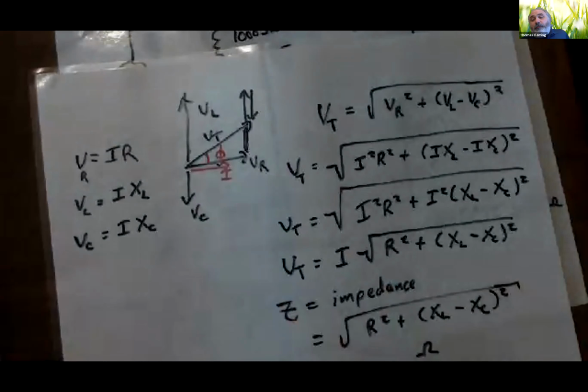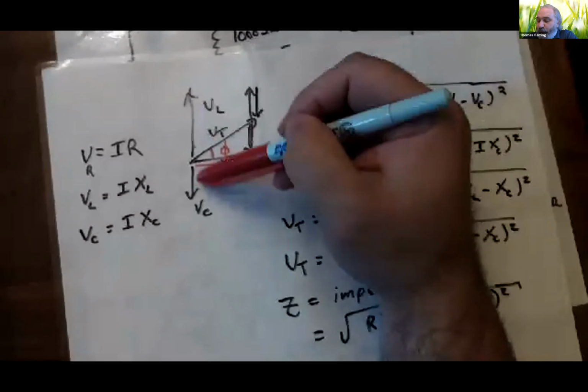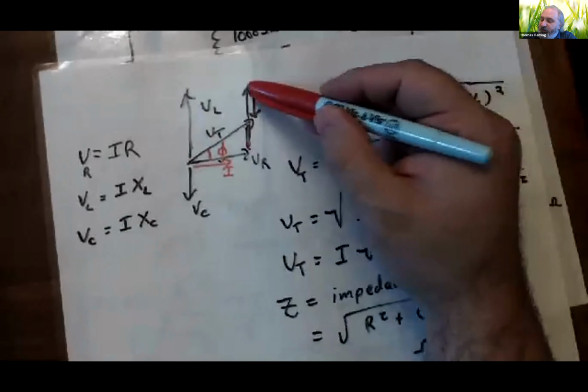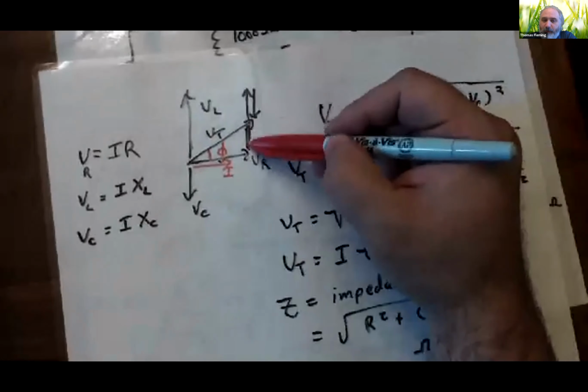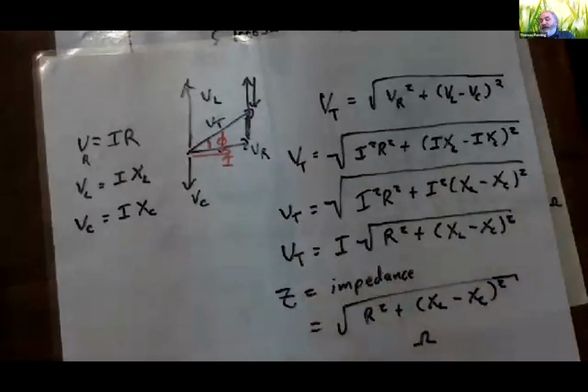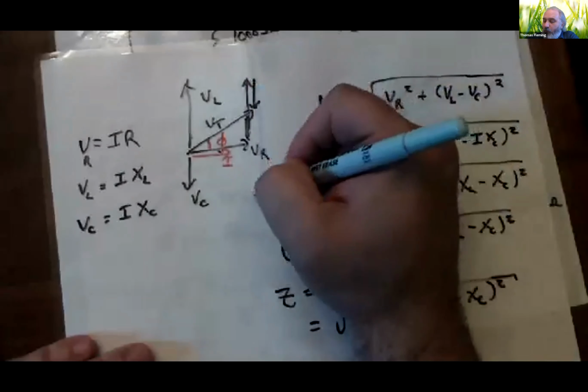Plus, and this is important, when we drew this phasor diagram, we assumed that VL was bigger than VC, right? I drew a bigger arrow for VL than I drew for VC. And as a consequence, when I subtracted VC and VL, I got a positive amount. But there's no reason why that has to be the case. I could always imagine a circuit where VC is way, way big and VL is very, very small. But if that's the case, then VL would have been a small amount up and VC would have been a whole lot down.